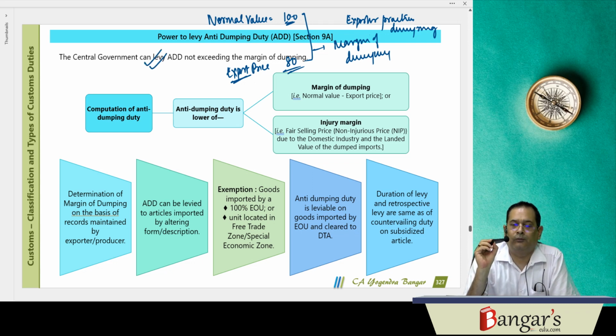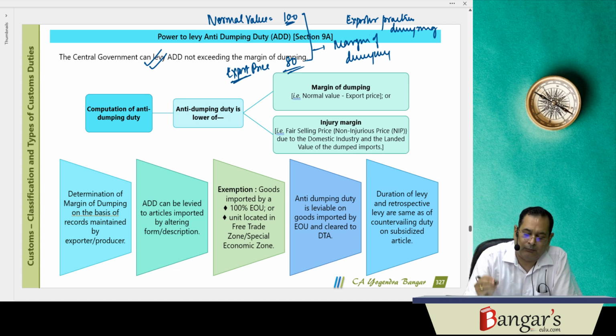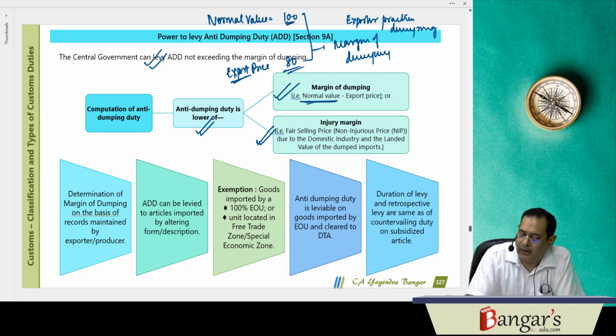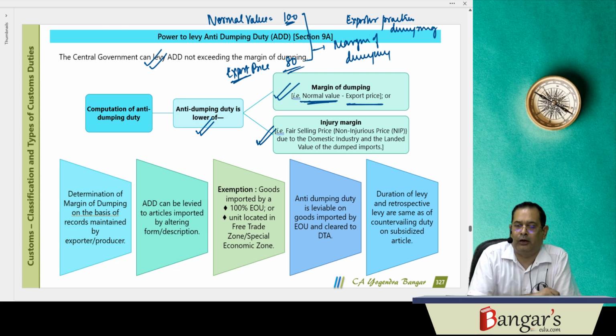Now, how is the anti-dumping duty levied? In India, the anti-dumping duty is levied at the lower of the margin of dumping or the injury margin. What is margin of dumping? It is the difference between the normal value and the export price. And what is the injury margin?